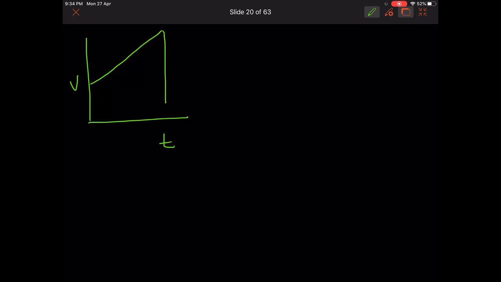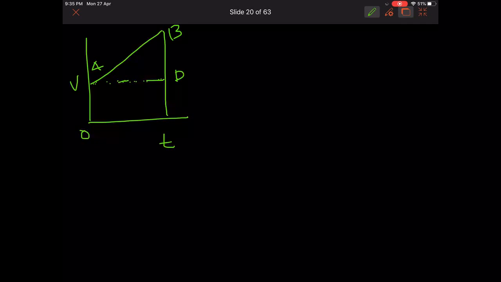This is your O, this point is your A point, here you had B. If I extend this line as dashed lines, then this point I will take as D, and this point is C. So this is the graph that we just learned.